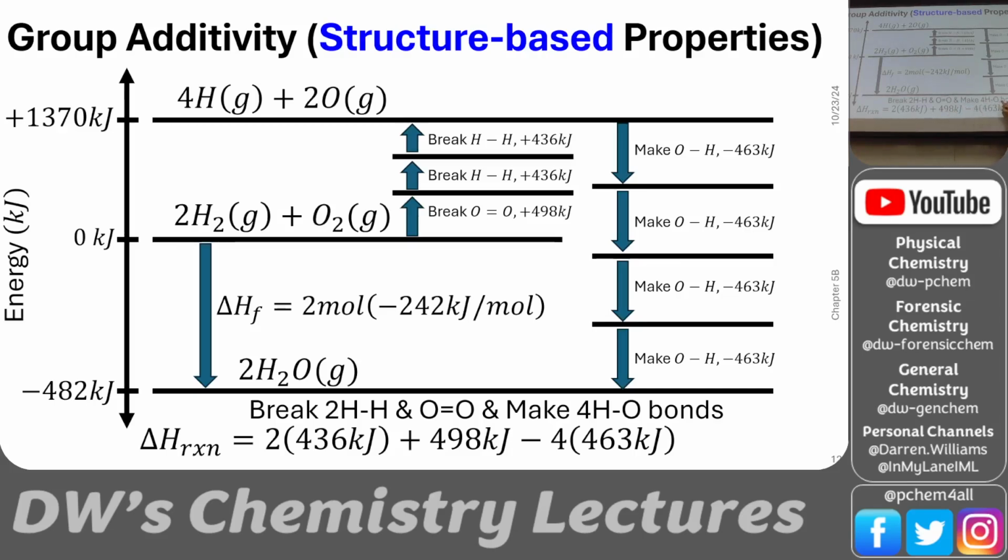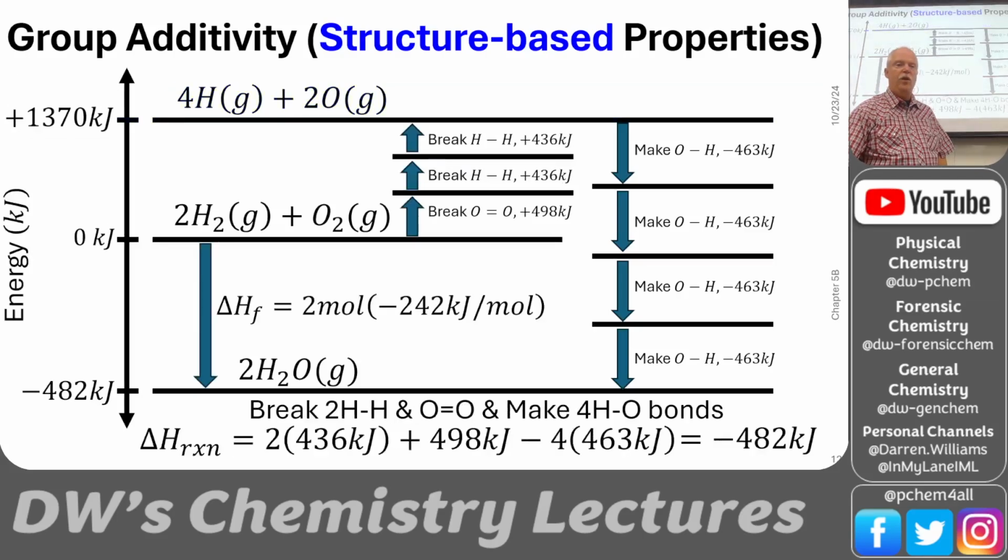And then we make the 4 OH bonds to make the 2 waters. And so that's 463 for each of those bonds, and there's 4 of them in 2 water molecules. I think the place where we mess up is we forget there's 2 water molecules. And so we would just have 2 here instead of 4. There's really 4 OH bonds in the 2 water molecules. So, but let's think about this for a little bit, and that gets us our 482 kilojoules.